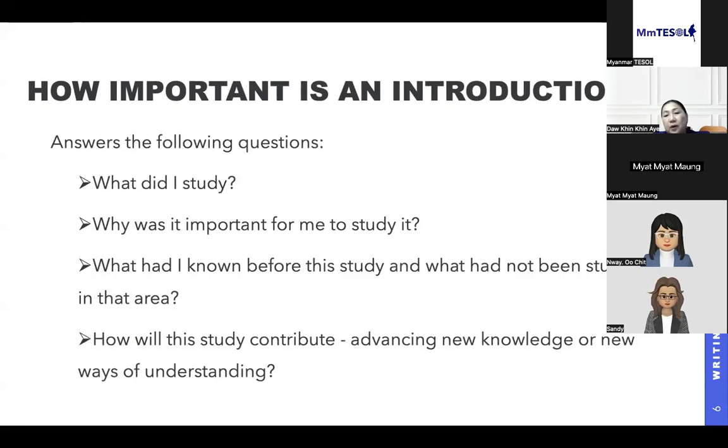Now, how important is an introduction? Because the introduction answers the following questions. What did I study? Why was it important for me to study it? What had I known before the study and what had not been studied in that area? How will this study contribute, advancing new knowledge or new ways of understanding?